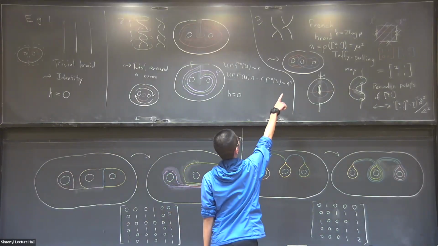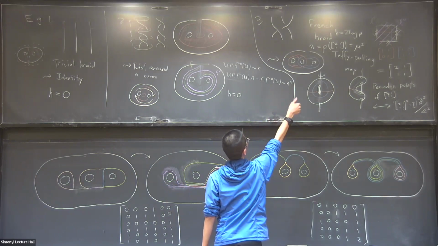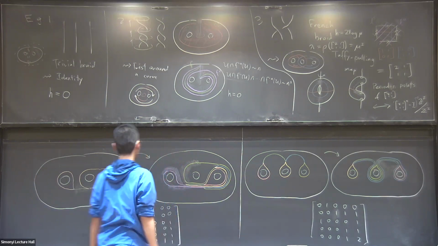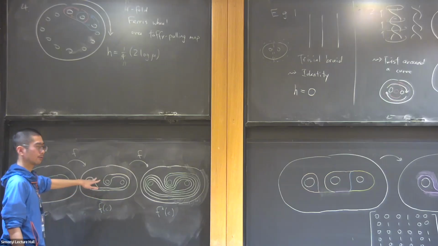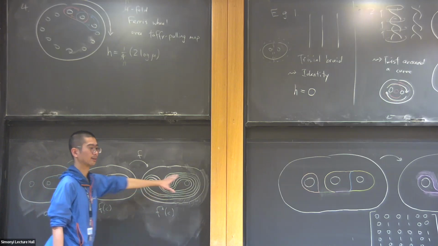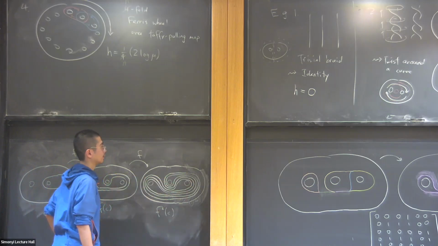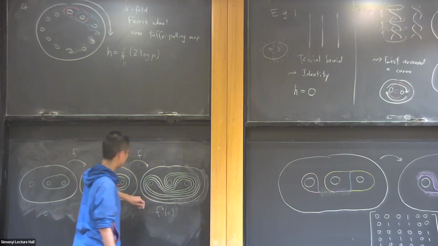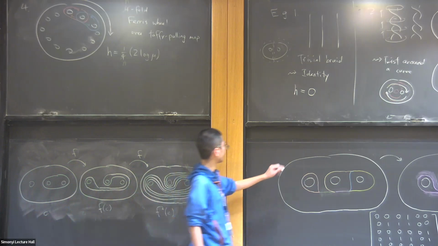Once again, a taffy pulling map is you twist the first two holes by 1/2 and then the other two holes by another half. You can look at any curve C, apply those two twists, get some sort of curve, and then you do it again and again and again. And it is an observation of Thurston that you can then approximate the self-limiting object by something called a train track. So this thing is a train track.